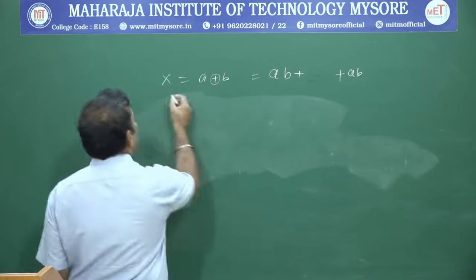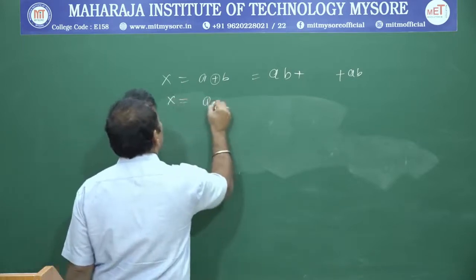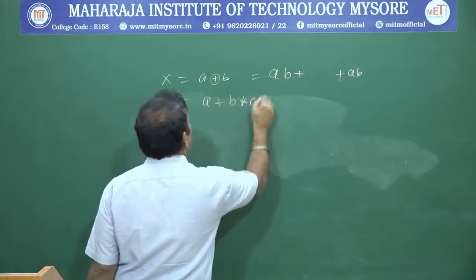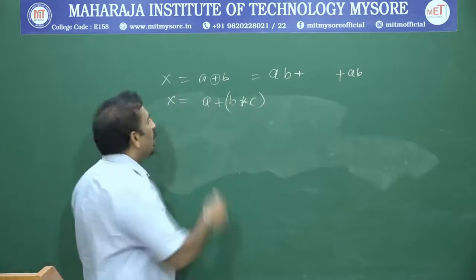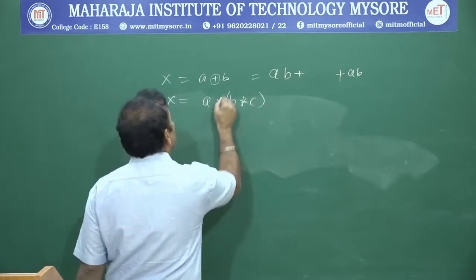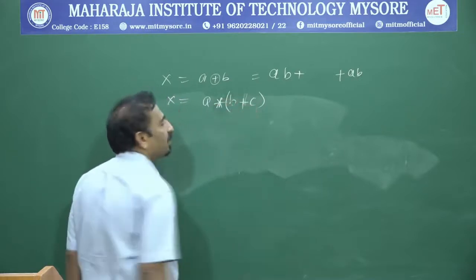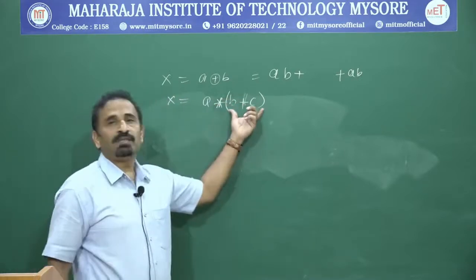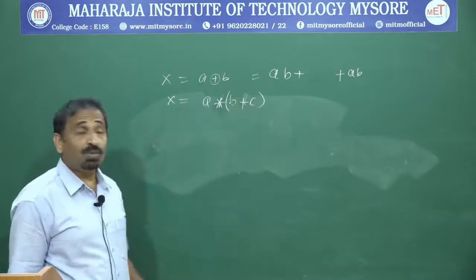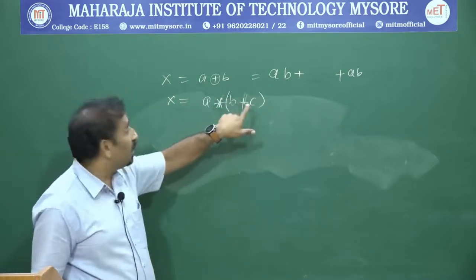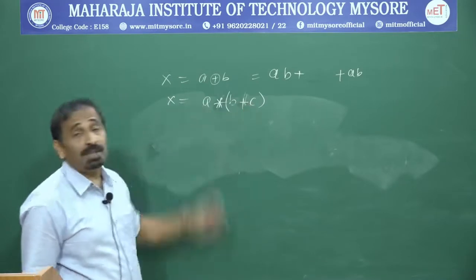So when I write x equals a plus b star c, or I take a star b plus c, something like this. First I have to do the addition, then the multiplication, a star b plus c.